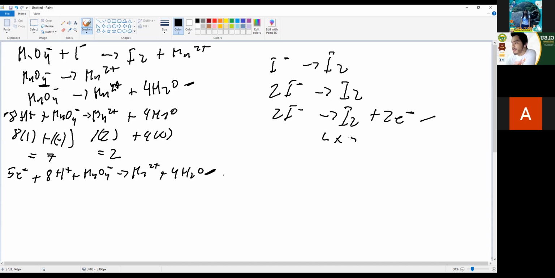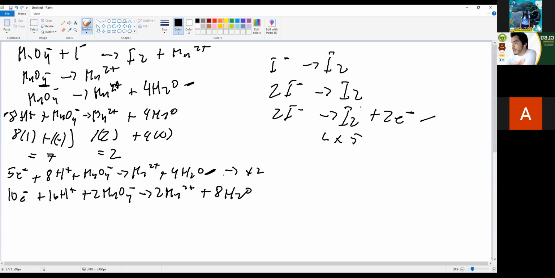So, ito times 5, ito times 2. So, going back, you have 10 electrons plus 16 hydrogen plus 2 MnO4 negative will yield 2 Mn2 plus 8 water. Dito naman, you have 10 iodine negative will yield 5I2 plus 10 electrons.